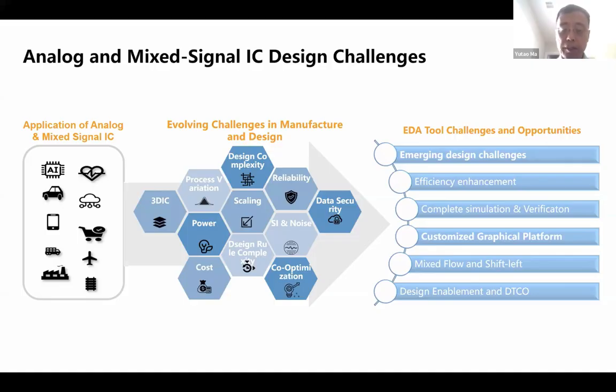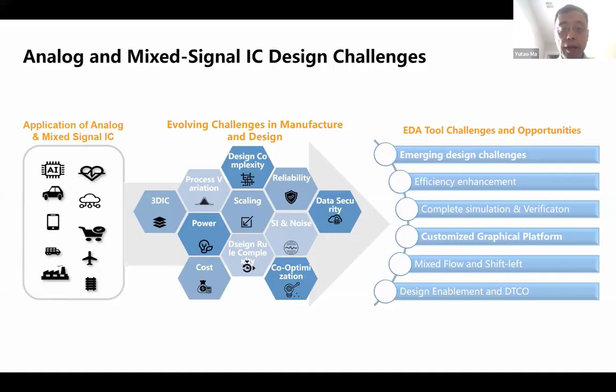Also, another important factor is reliability. For automobile applications, we don't want the chip to fail in a few years or even 10 years. For those chips used in airplanes or satellites, we expect their lifetime to be even longer.